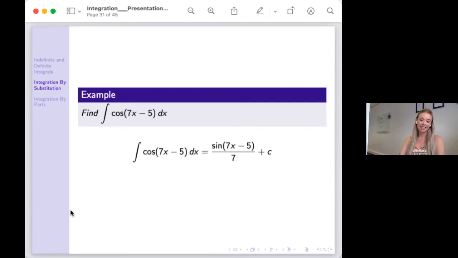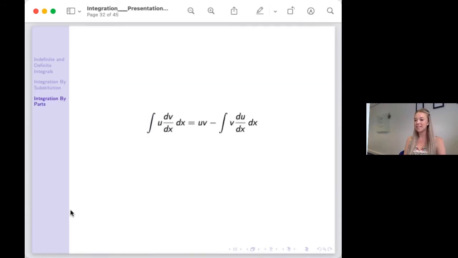The next thing that will be slightly new is called integration by parts. So you may have seen this formula before, and I'm going to show you a couple of examples of using this formula. If we want to calculate the integral of u dv by dx, then using this formula, that's u times v minus the integral of v times du by dx.